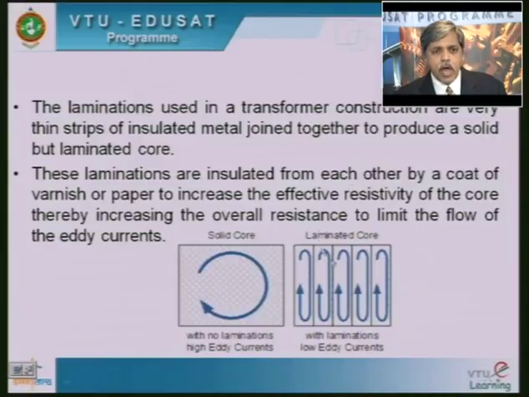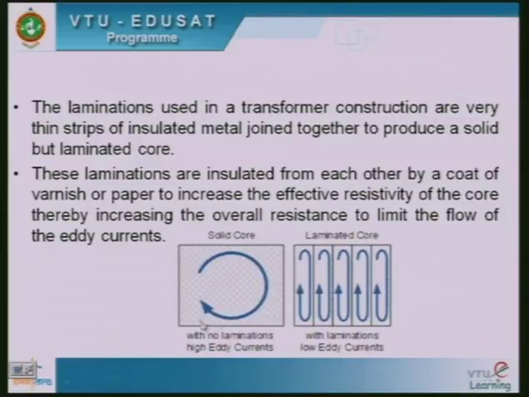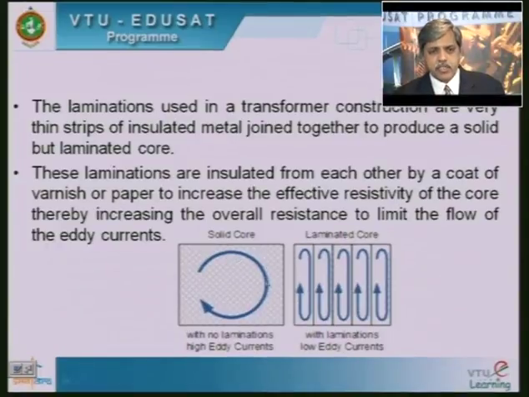Now see here, I have shown a small diagram. When you use a solid core, you can see a mesh type structure in this core. This is the cross section of the core. The flux lines in this core will be moving perpendicular to this core area. That means they will be going inside or coming out at 90 degrees to the rectangular face.